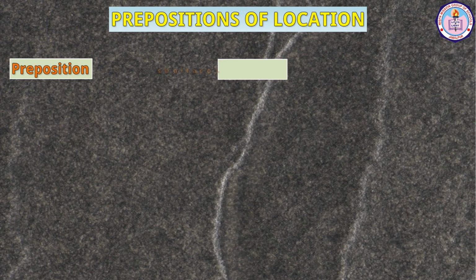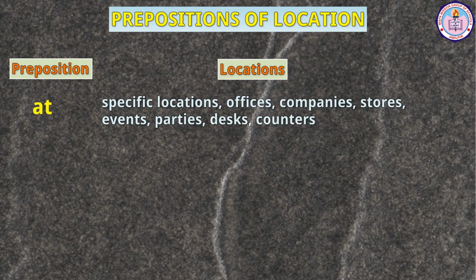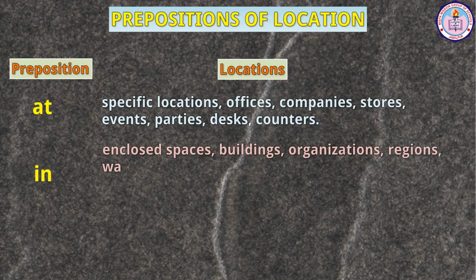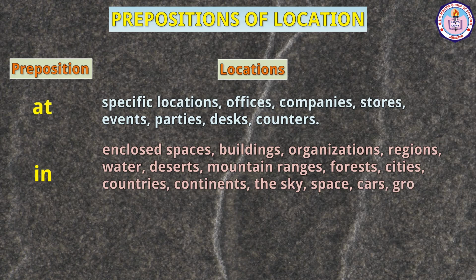Preposition and locations. At: specific locations, offices, companies, stores, events, parties, desks, counters, etc. In: enclosed spaces, buildings, organizations, regions, water, deserts, mountain ranges, forests, cities, countries, continents, the sky, space, cars, groups of people, little boats.